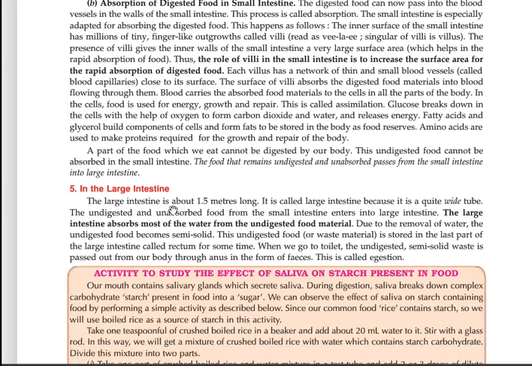The large intestine is about 1.5 meters long, but its cross-sectional area or diameter is larger. That's why it is called the large intestine, and it absorbs most of the water from the undigested food material.